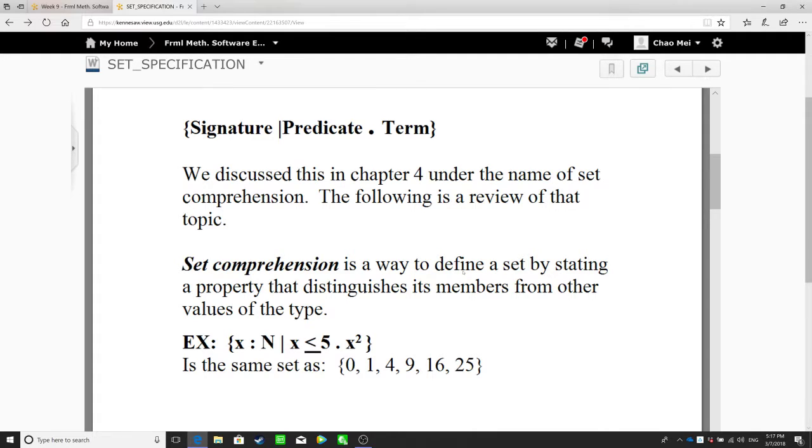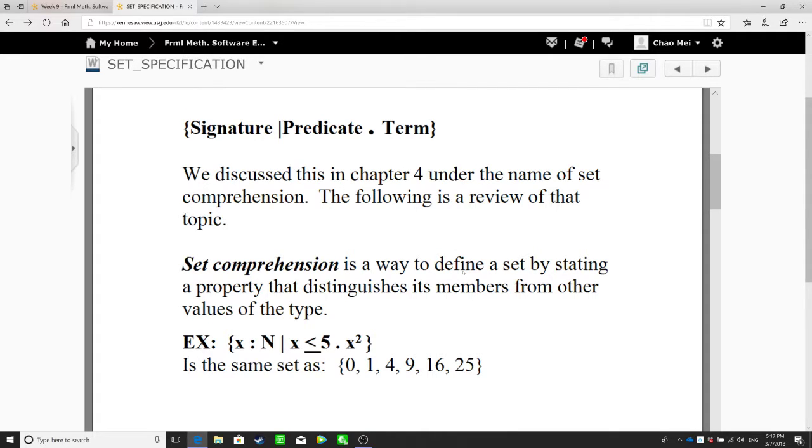If we do not have this part, x less or equal to 5, we will have x in N, dot, x squared, which means x belongs to the natural numbers, and every natural number squared is in this set.